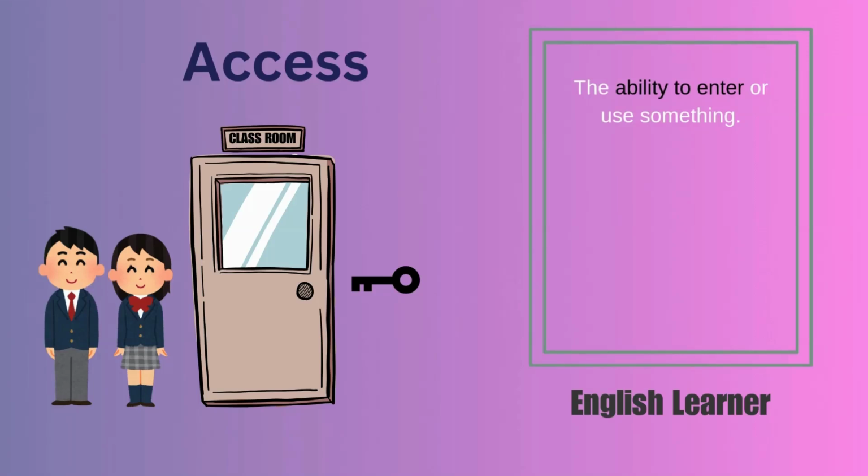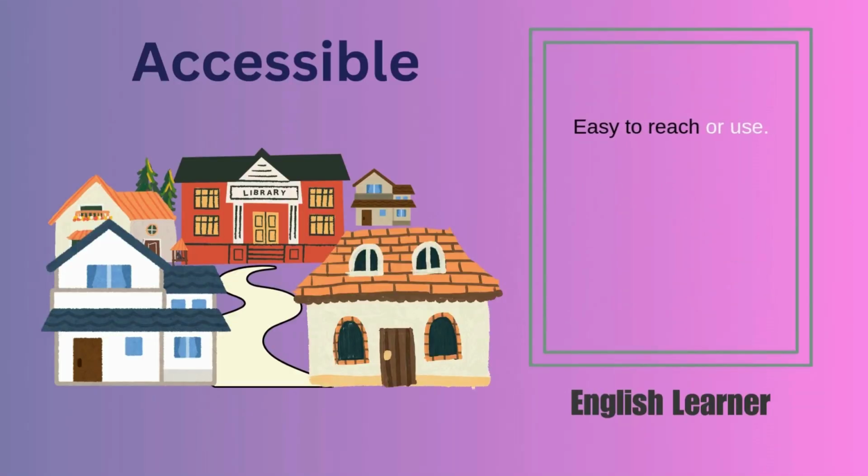Access. The ability to enter or use something. Example. We need a key to get access to the classroom. Accessible. Easy to reach or use. Example. The library is accessible to everyone in the town.